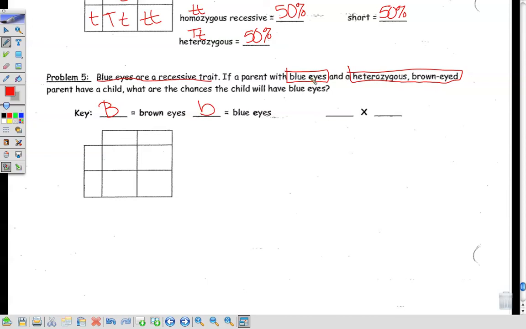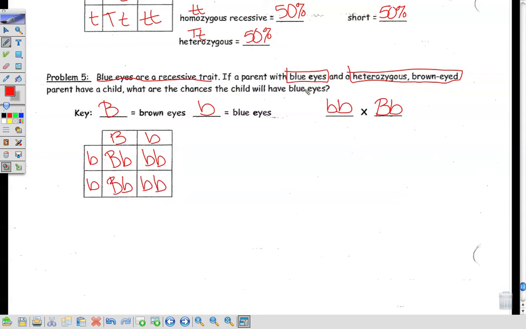So a parent with blue eyes is the recessive trait. The only way to have that is to have 2 lowercase letters. And a heterozygous brown-eyed, so 1 capital, 1 lowercase. So we're going to put parent 1 on the left-hand side, parent 2 up top.